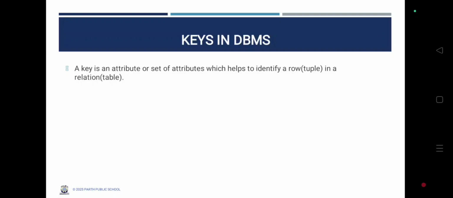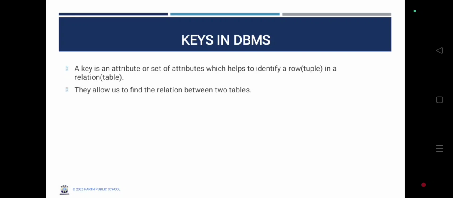Keys. A key is basically an attribute, or you can say a field or set of fields, which helps to identify a record or row in a table. They allow us to find the relationship between two tables. If you store the data in multiple tables and you want to retrieve the data from the multiple tables, then we need these keys.